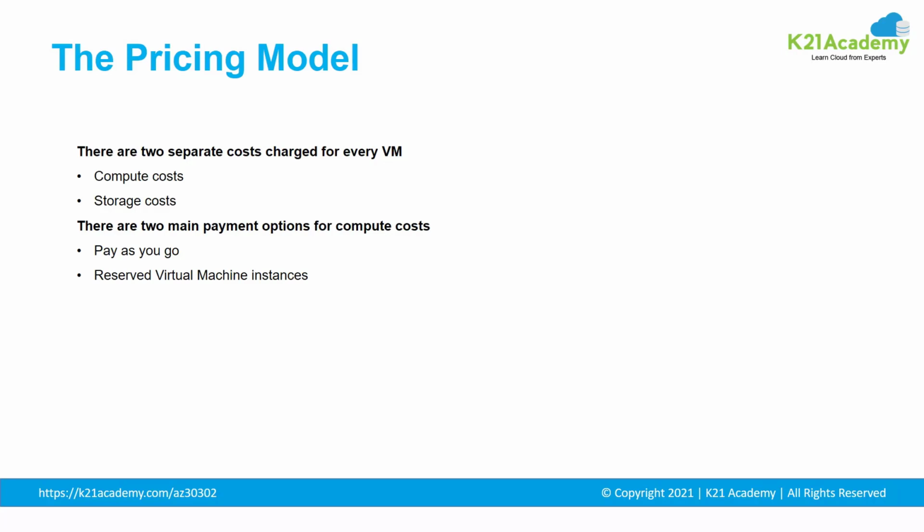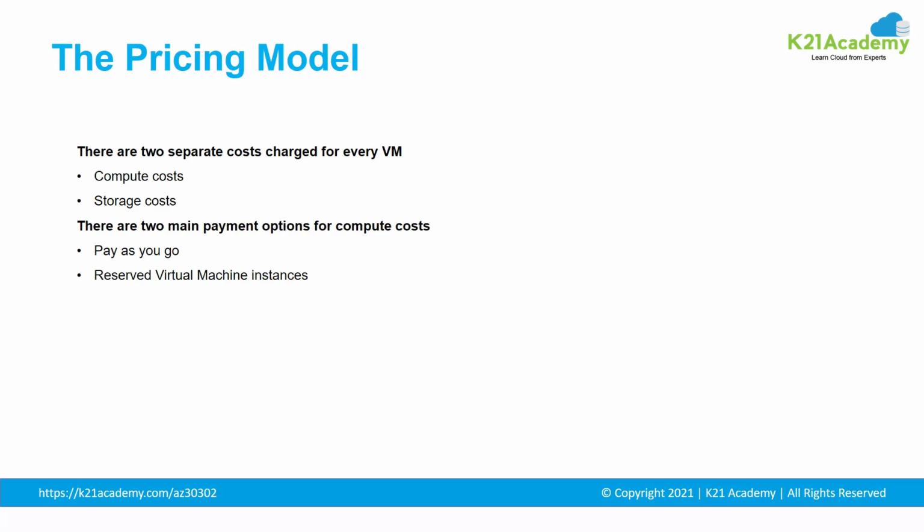You'll be able to choose two payment options for compute cost. One is the pay-as-you-go option, and the other is reserved instances, also known as RIs. With the pay-as-you-go option, you pay for the compute capacity by the second, with no long-term commitment or upfront payments.